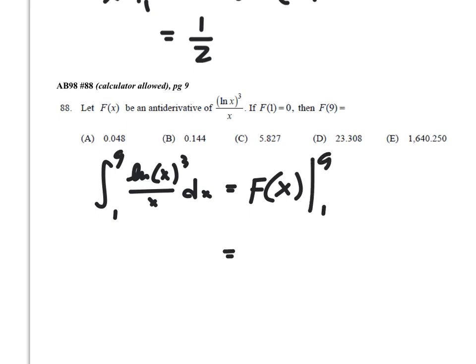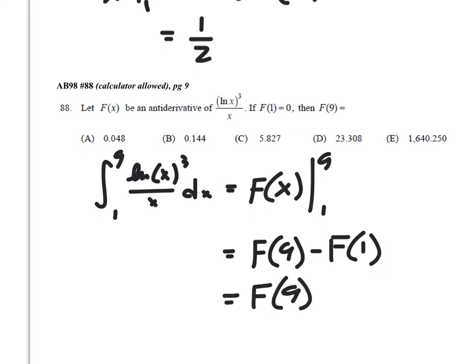So the area under the curve would actually be the same as F of 9 because I know F of 1 equals 0.